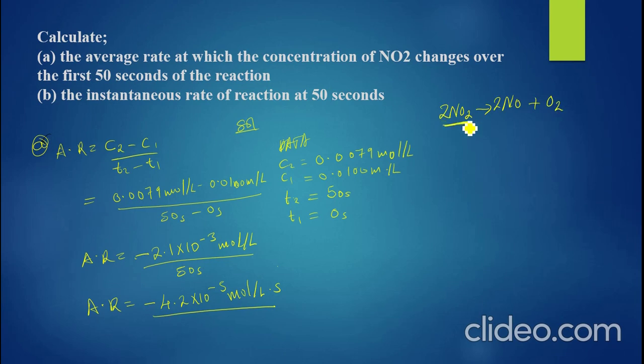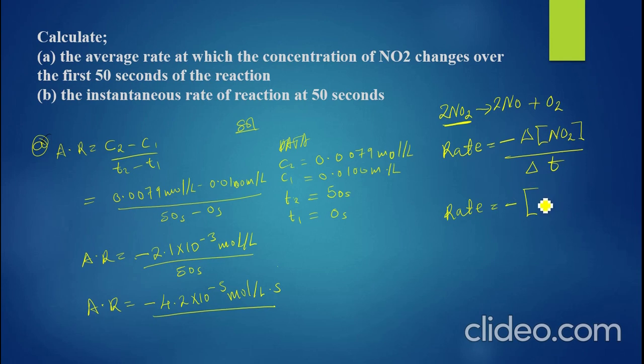So this one is decreasing, therefore the rate of this is going to be negative, since it's decreasing, negative change of nitrogen dioxide over change in time. Therefore rate is equal to that minus the concentration of nitrogen dioxide.